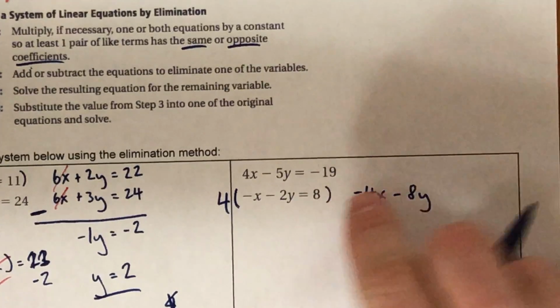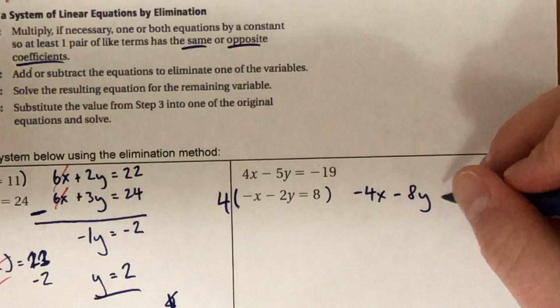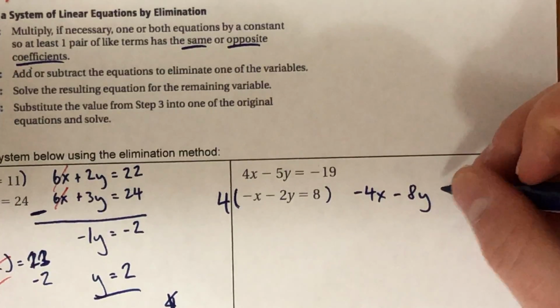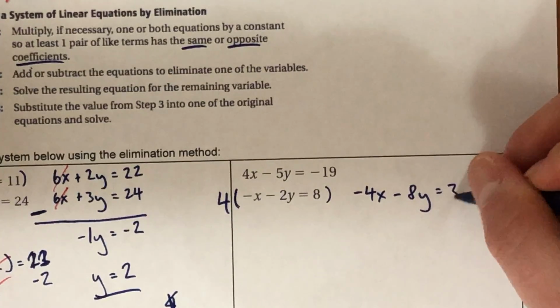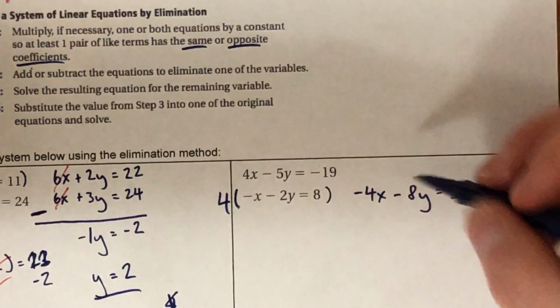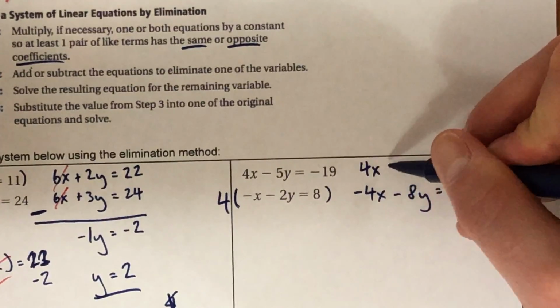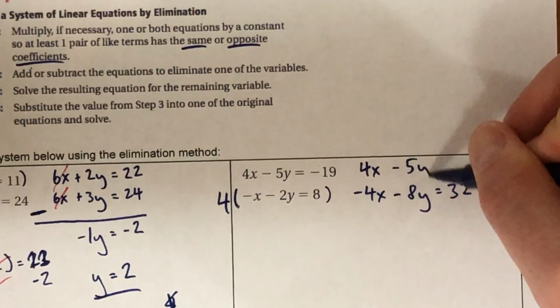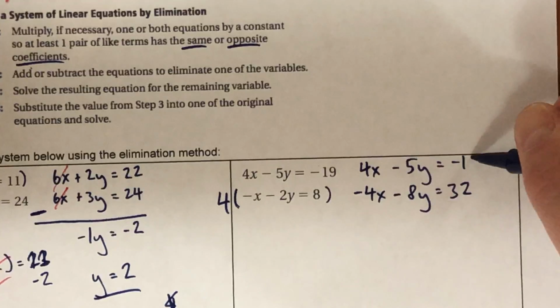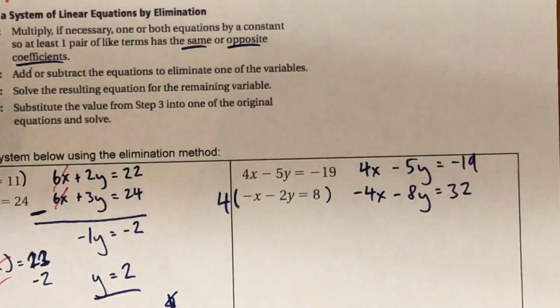And 4 times 8 is 32. And I'm going to rewrite that top equation exactly as it looks. Okay, so there's step 1.